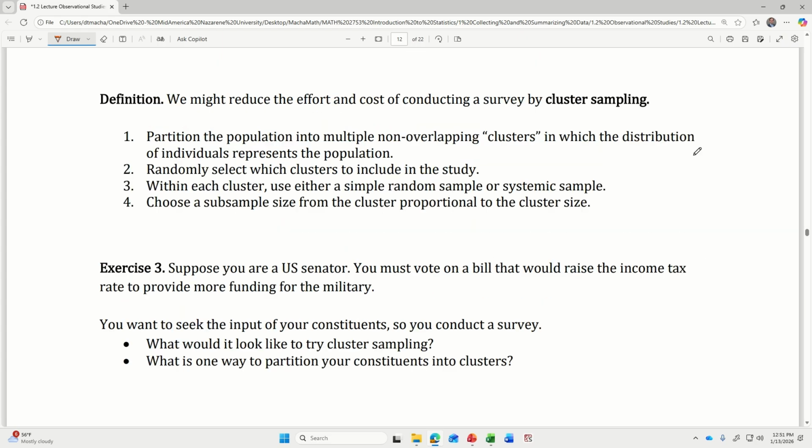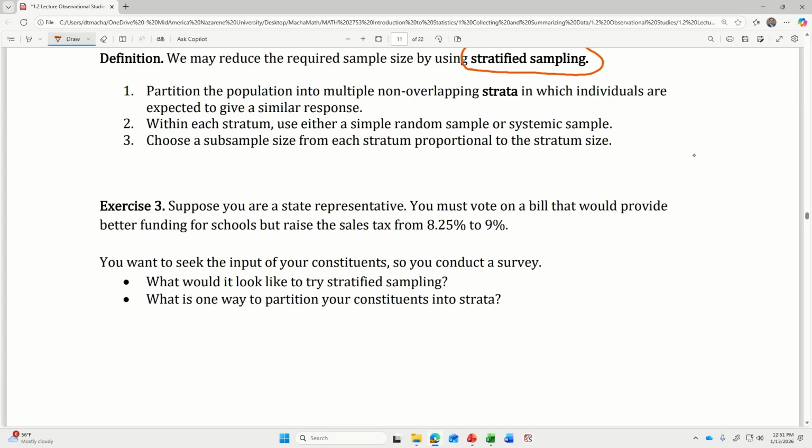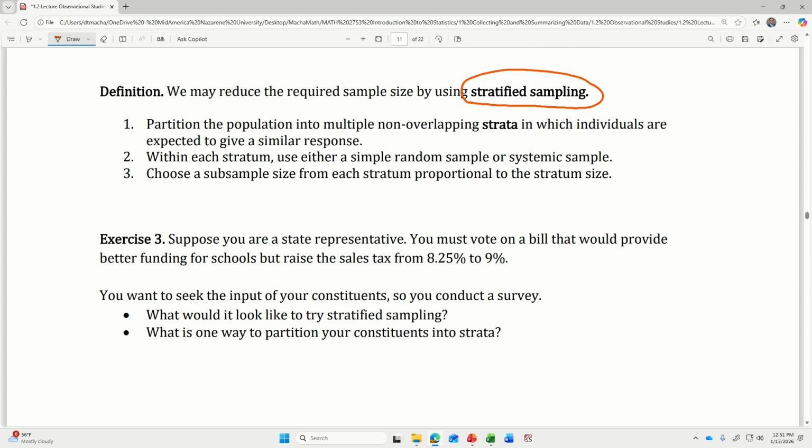Another way to reduce cost. And by the way, when I say reducing cost, the stratified sample is making sure that different perspectives are included and that the random sampling method doesn't underrepresent someone. And so by doing this, we can reduce the total overall sample size.